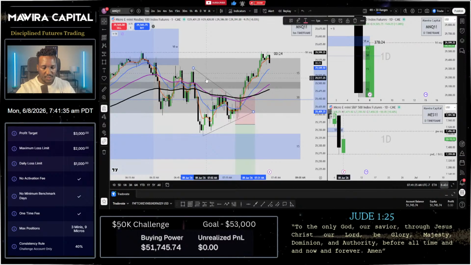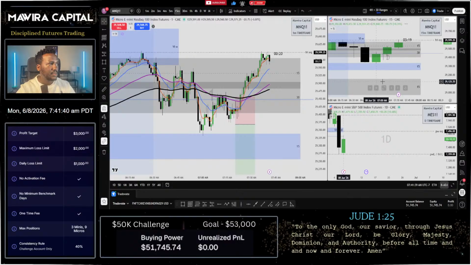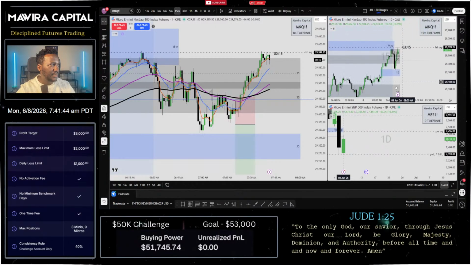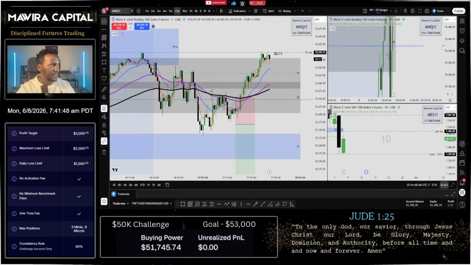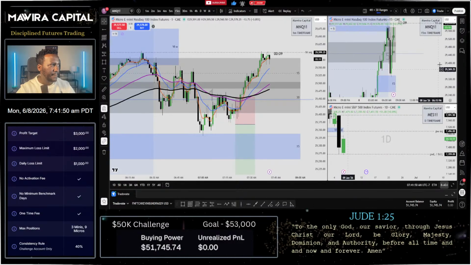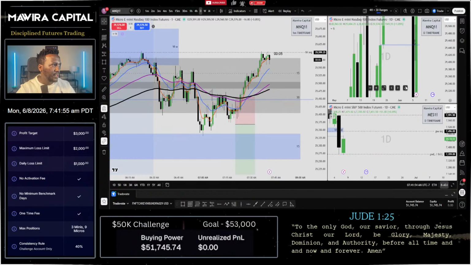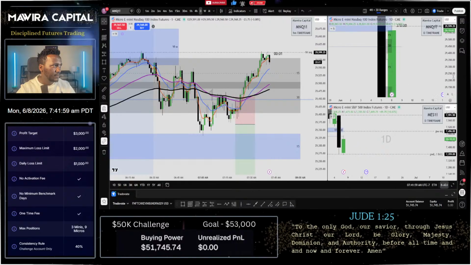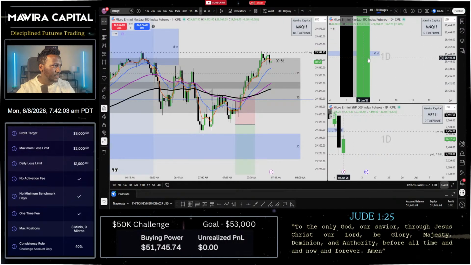All right, I'm going to delete those lines just for clean charts. And I think a lot is marked. What is this? This is a daily something. Okay. It's too far. Too far. No, it's not.